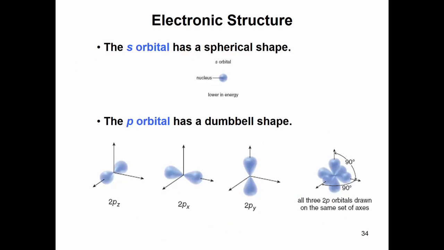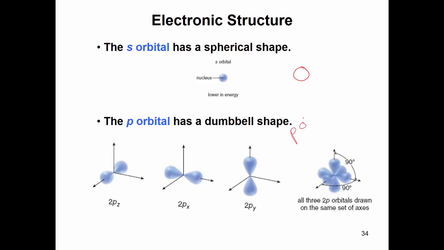An s orbital has a spherical shape, so it's the easiest one and we can easily draw it. This is what an s orbital looks like. Then we have p orbitals, and they look like dumbbells. You have a pz, a px, and a py. Remember, we have 3 p orbitals, and each of these holds 2 electrons, so that gives us 6.